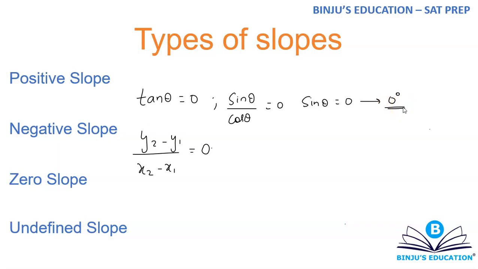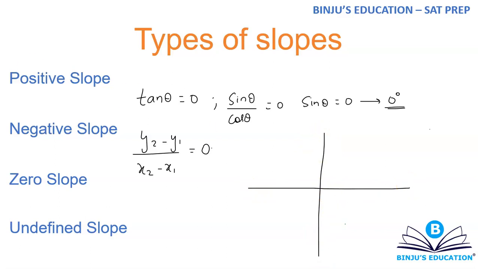Now remember that whenever you talk about this term slope, you always measure angle with respect to x-axis. Now with respect to x-axis, I want my angle to be 0. So if I draw the coordinate plane, with respect to x, I want my angle to be 0.